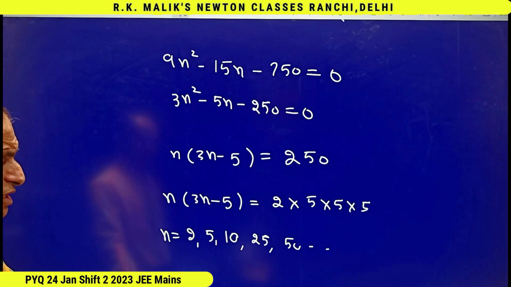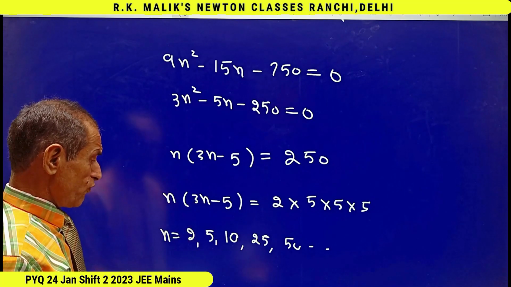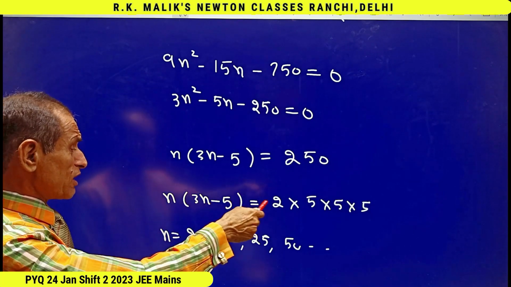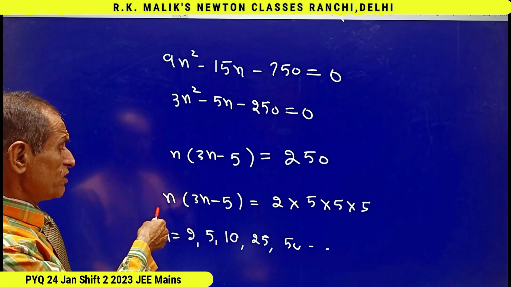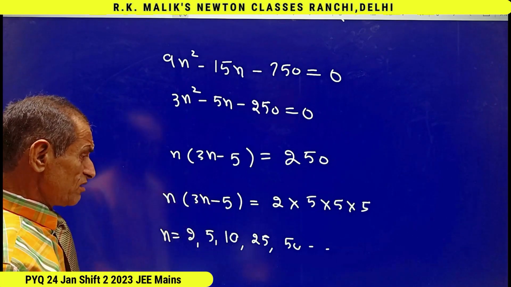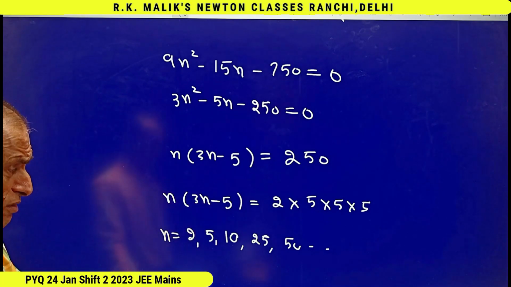It is very easy to see that n cannot be 2. If I take n as 5, 5 also clearly does not satisfy this, because for 5 it will be 5 into 10, but the right hand side is a very big number.